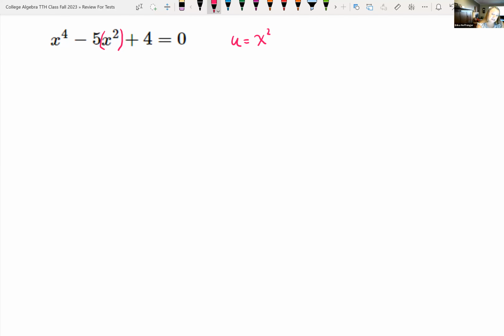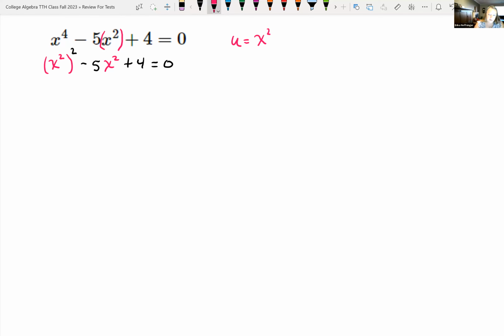So notice that x to the fourth can be rewritten as x squared, quantity squared. Power to power, remember, is multiplying. 2 times 2 is 4. So those are equivalent. So we have x squared squared minus 5 times x squared plus 4 is equal to 0.